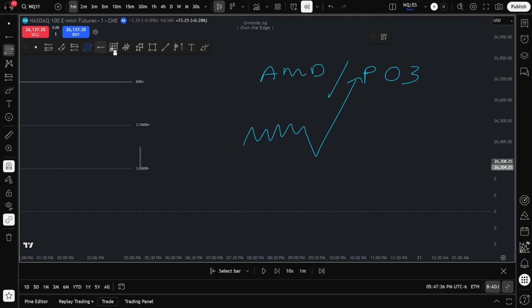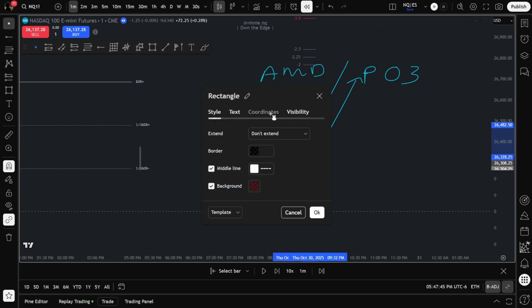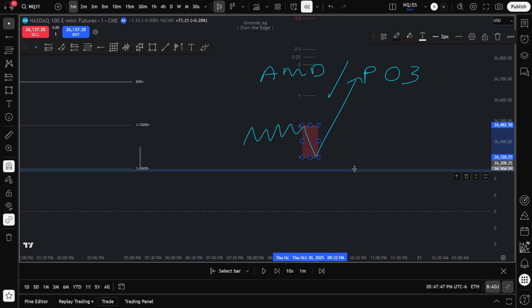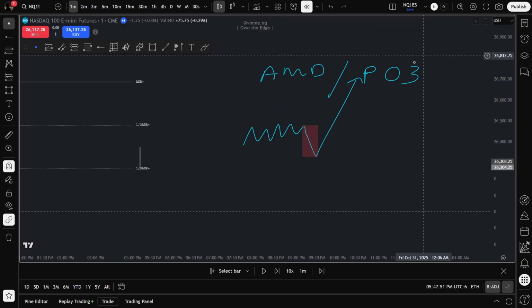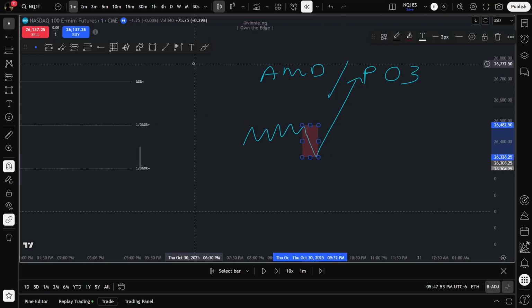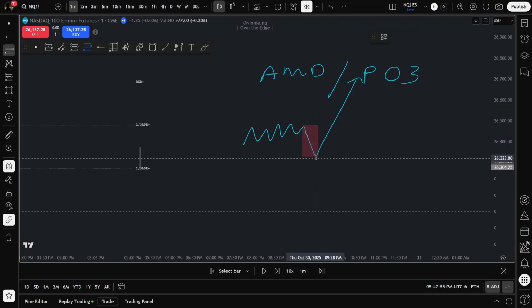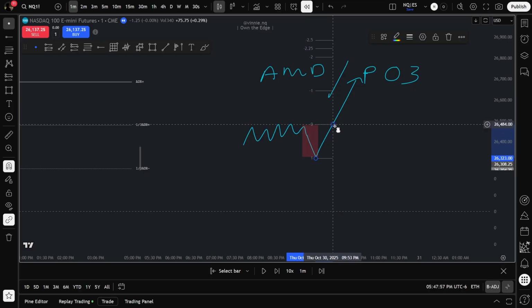So the reason why you measure from right to left is because you're measuring manipulation. If this is the manipulation, you have to measure right to left because that's where the manipulation took place. But if you measure from left to right, you're measuring the distribution, which is a little bit improper.